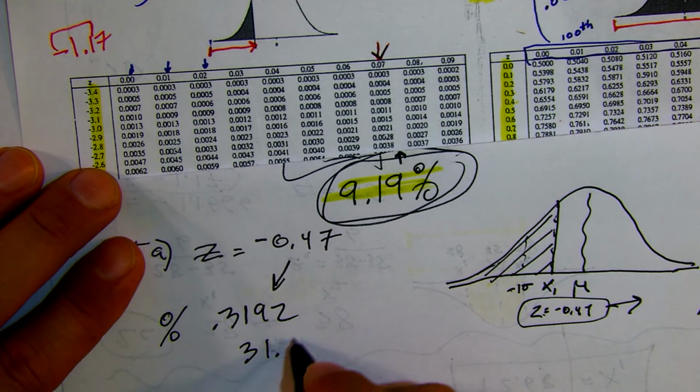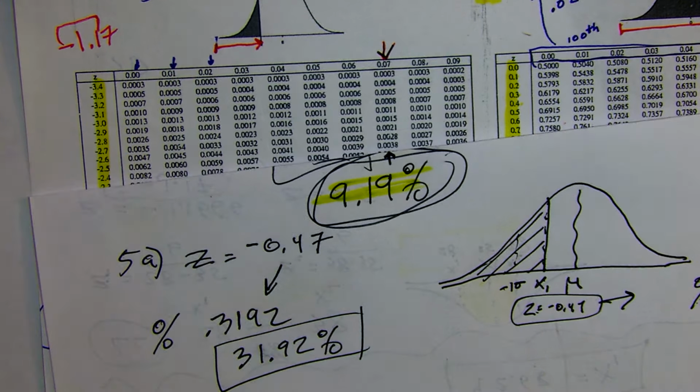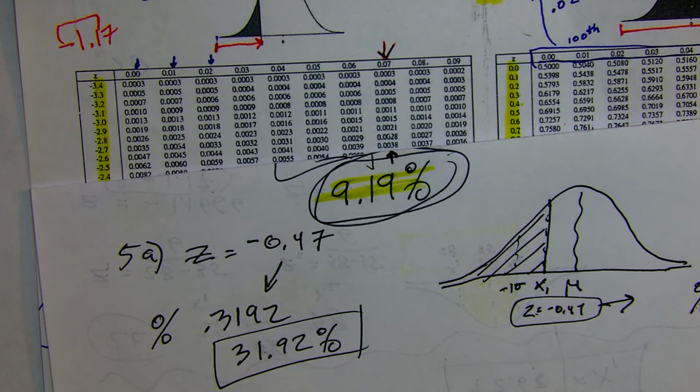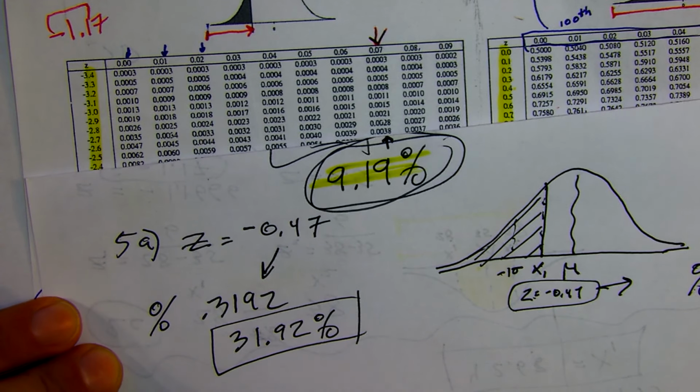All right, I'm going to tell you the only difference with 6A is they want you to find the percentage of cases falling above the z-score. So with the z-score, remember that the z-score is all of this, right? So if I just figured out that all of this was 28%, they're asking you for number 6.